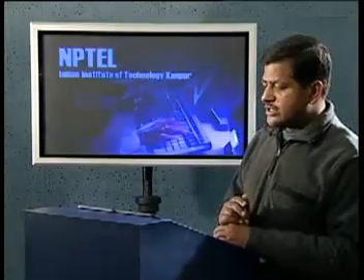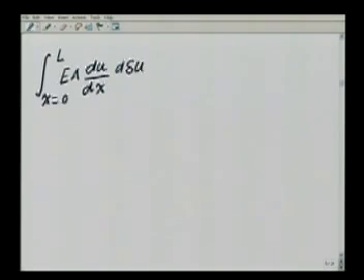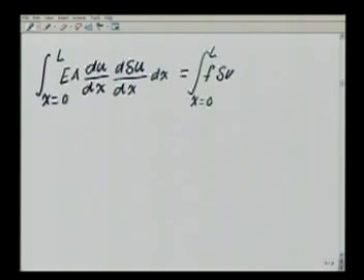So if I take w(x) equal to the variation of the function u(x) and put it back in our formulation that we have obtained by doing integration by parts, then we'll get the integral of f delta u dx plus P delta u evaluated at the point x equal to L.